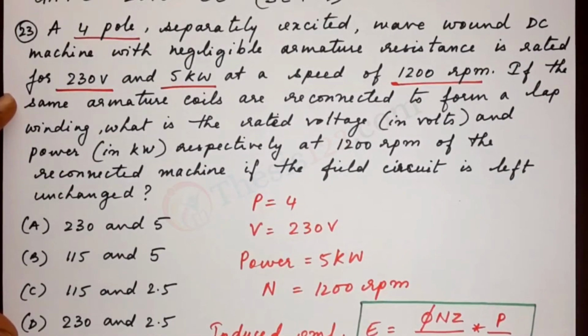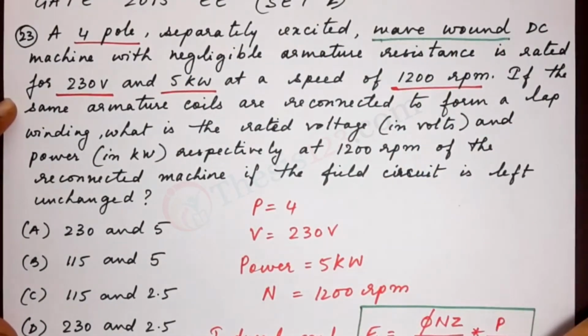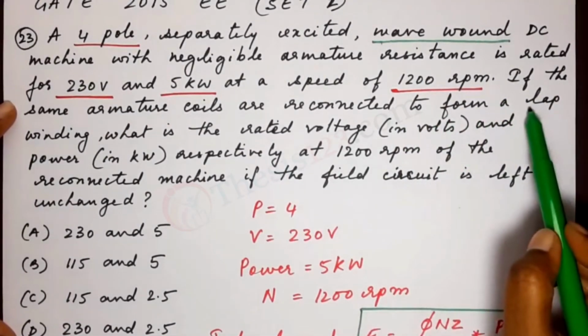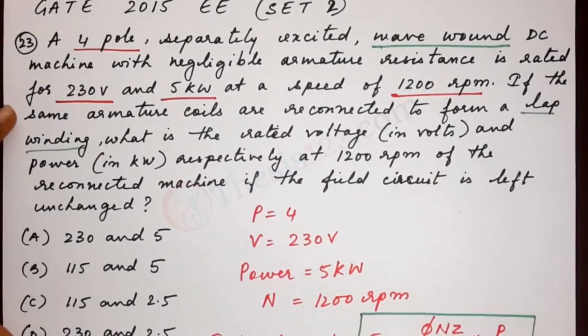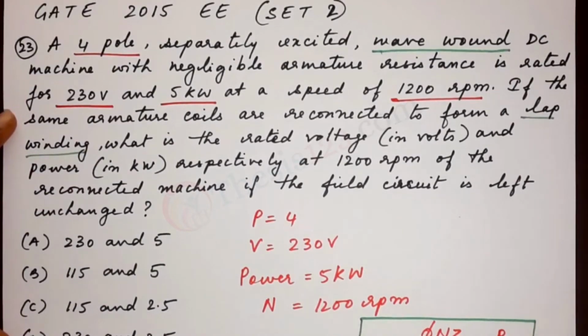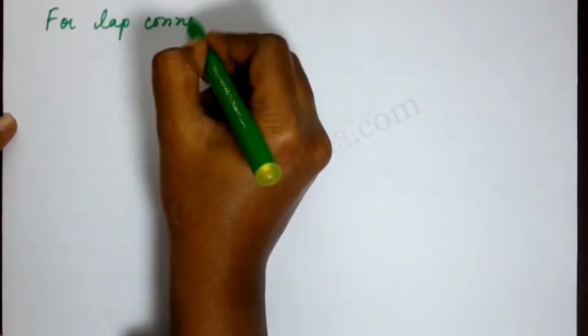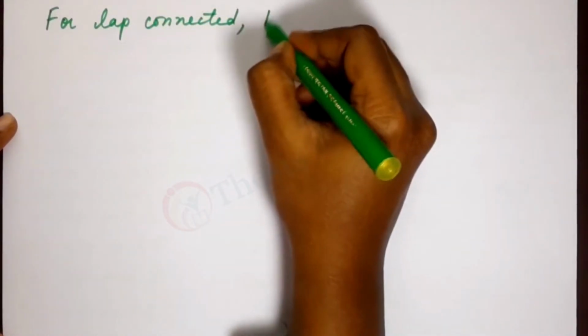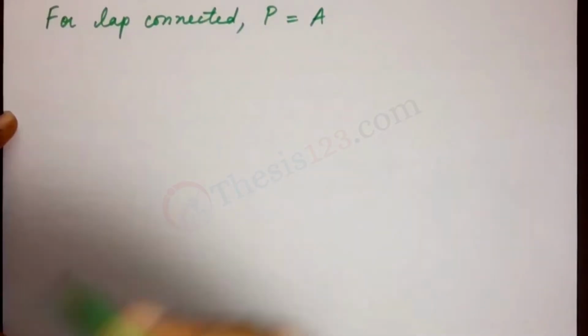Okay, so the question tells us that first it's a wave wound DC machine, then it is reconnected to form a lap winding. So here we have two types. First it was wave wound and then it is lap wound. Now you are quite familiar with the differences, I hope. Let me write it down here for you. Now for lap connected, we have the condition that the number of poles is equal to the number of parallel paths.